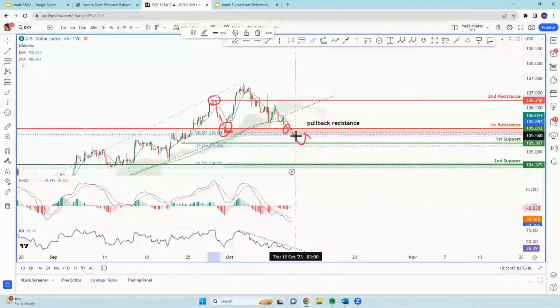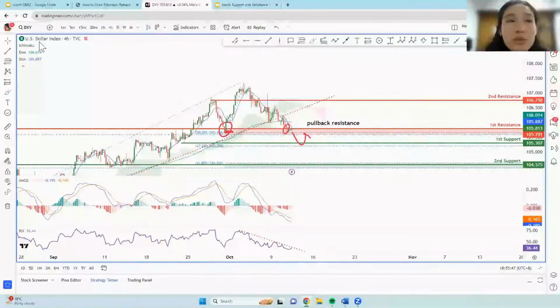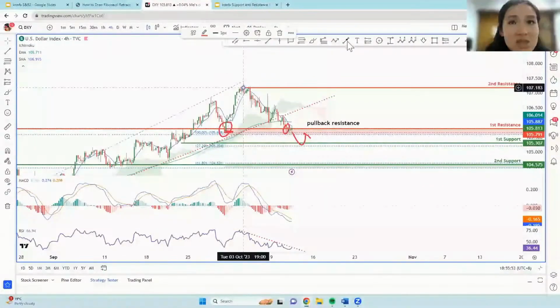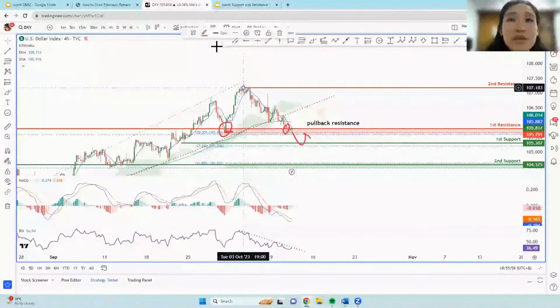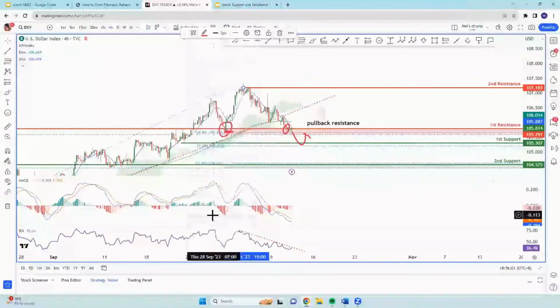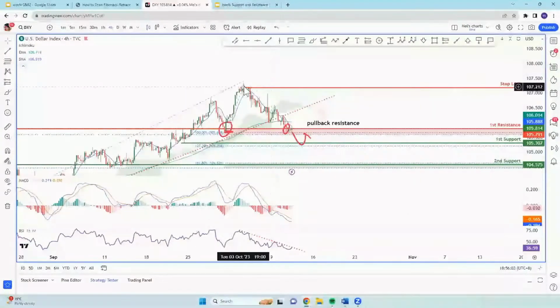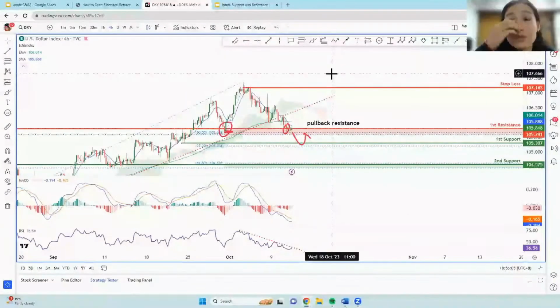But because our analysis is that we're expecting it to go down, you can place it here as well, because technically our second resistance would be our stop loss in this case. So you could place it here as well. It's entirely up to you.